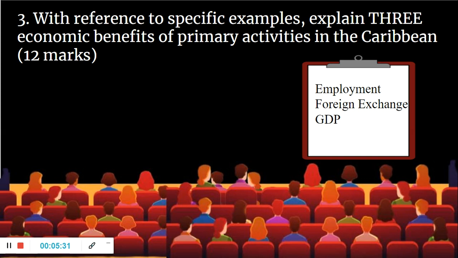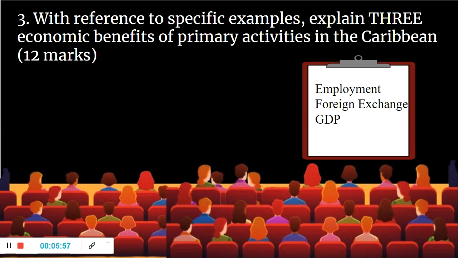So I've listed 3 benefits, 3 economic benefits right here. So I have employment, foreign exchange, GDP. Notice the question also asks for specific examples. So those examples might be examples of the primary economic activities.